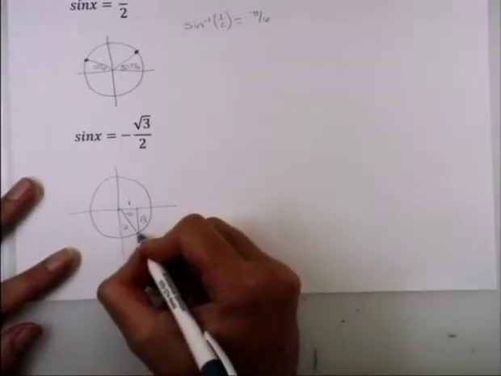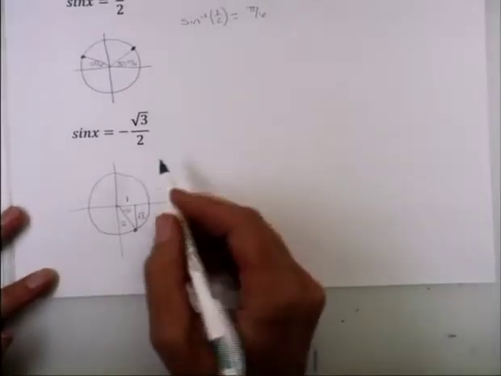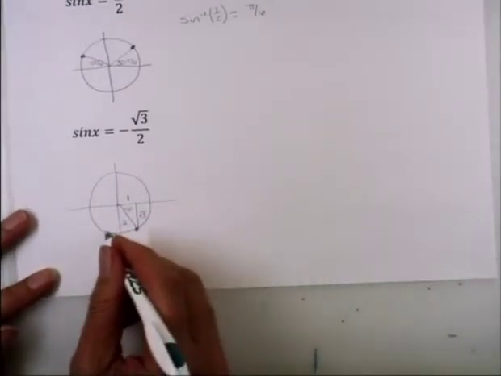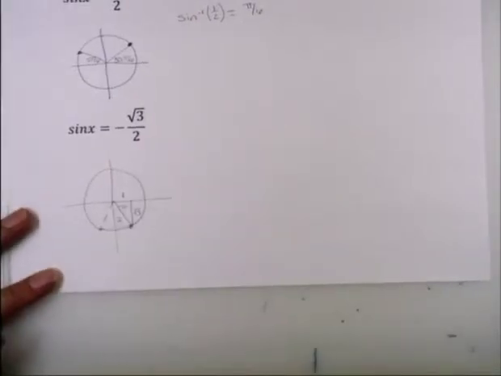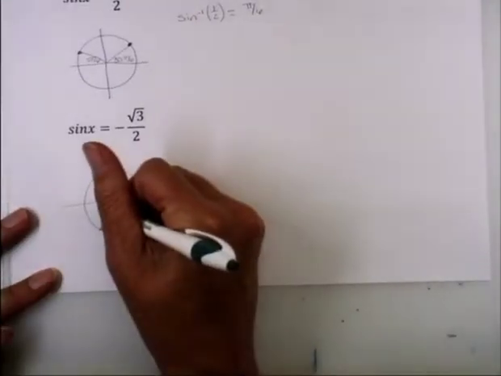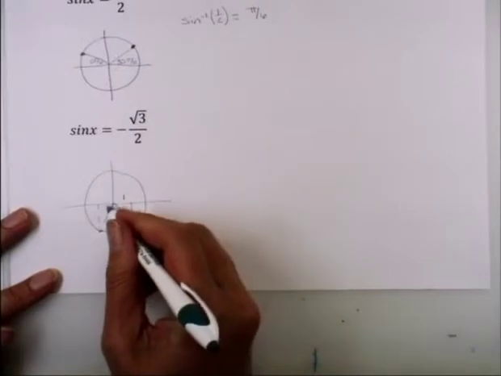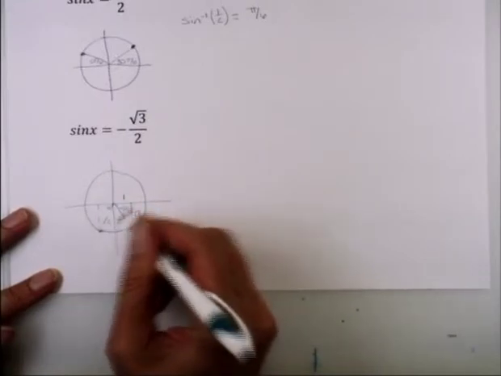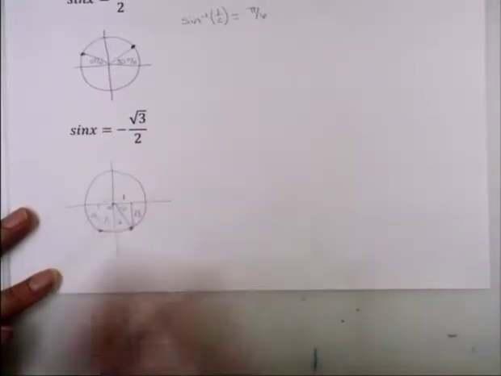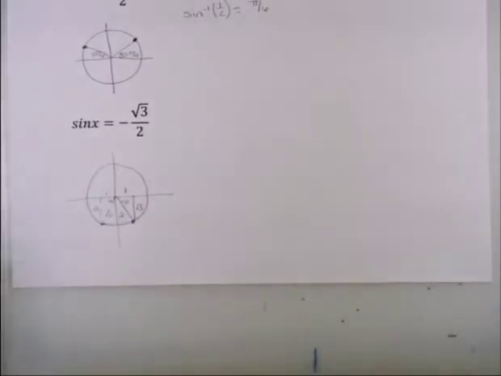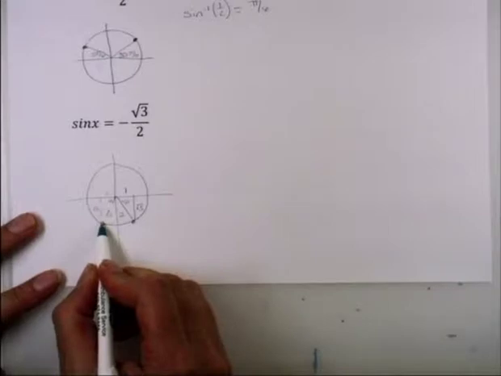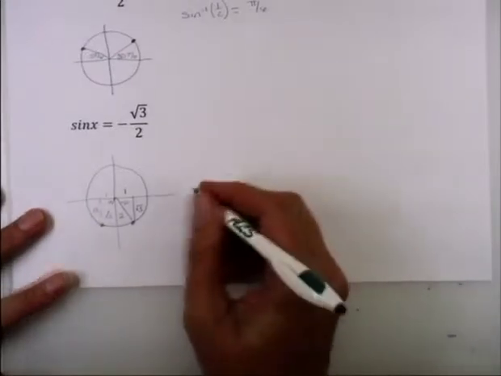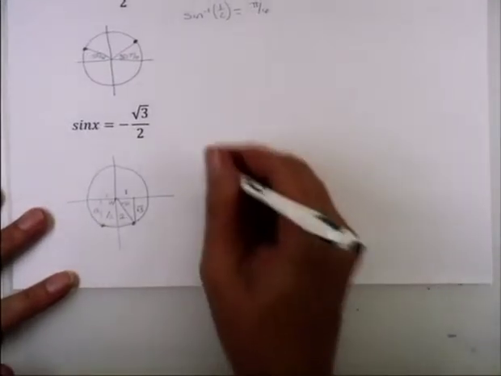Now, where else is the sine negative? I need to come over here into quadrant 3. So this would be another solution over there. Remember that this is also going to have a reference triangle of 60 degrees, and the numbers are just going to be mirror images of each other. Okay, so the sine value will be the same. So this angle would be -120 or -2π/3.